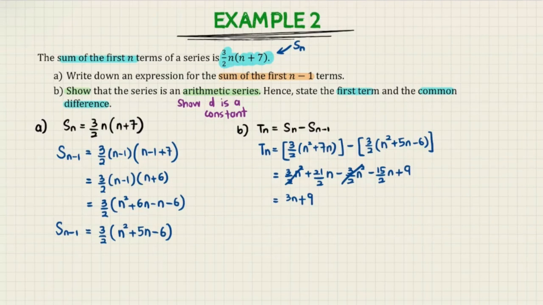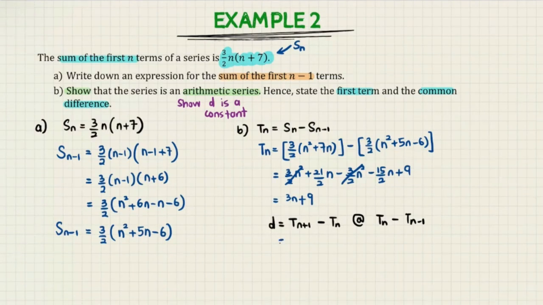Okay. Now kita nak cari D. Okay, saya kena show yang D adalah constant. So D datangnya daripada Tn plus 1 tolak dengan Tn, ataupun boleh juga guna Tn tolak Tn minus 1. Okay, mana-mana antara ini pun boleh lah.